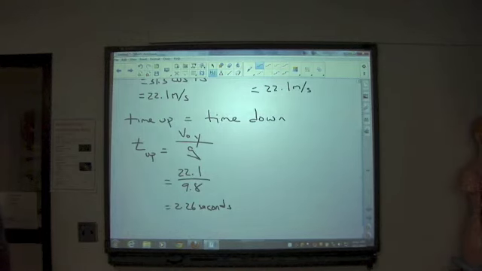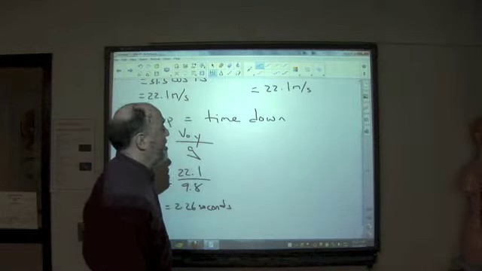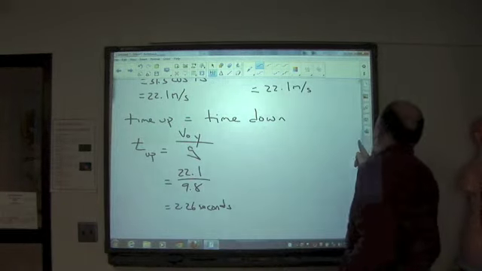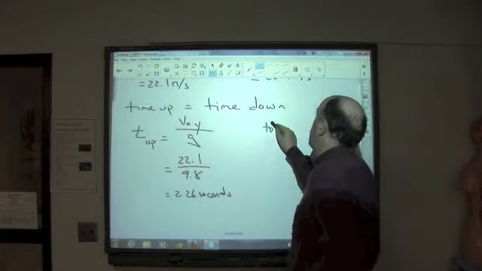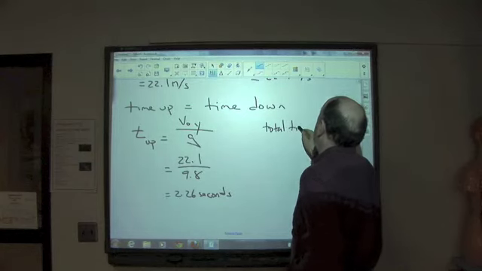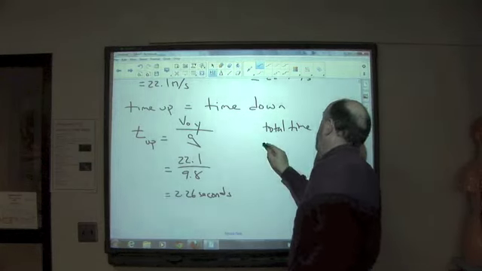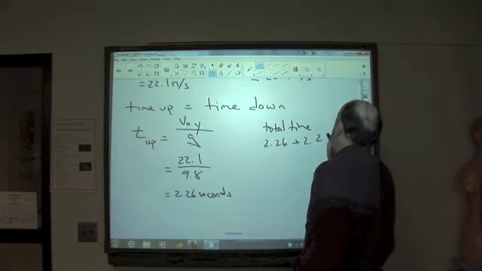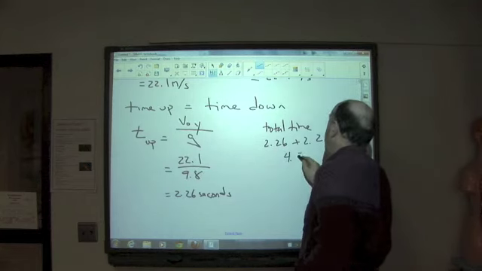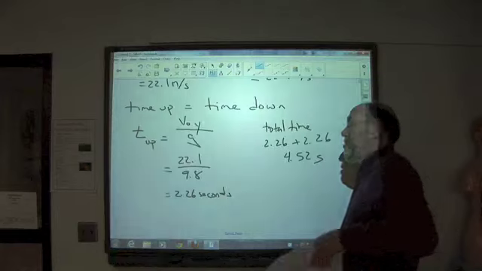It will be 2.26 seconds for this object to come down. And so the total time for this event will be 4.52 seconds. So my total time will be 2.26 seconds up, 2.26 seconds down, so we get 4.52 seconds.